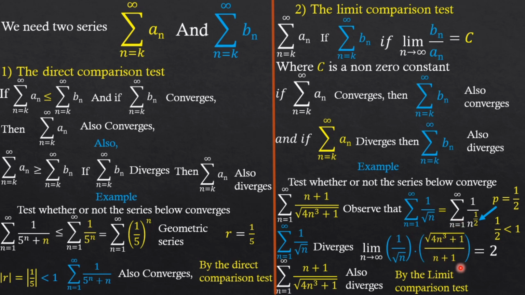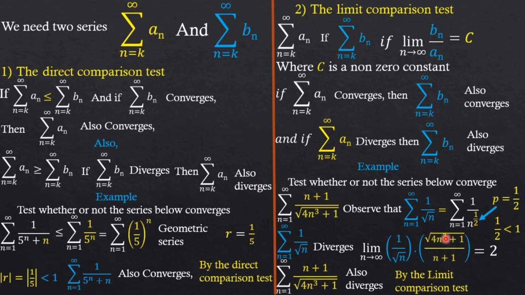So when we simplify this correctly, we know that when n becomes so large, the 1 in the denominator has no significance compared to this n. Likewise, this has no significance. So we are going to be looking at the square root of 4n cubed. The square root of 4 is simply 2, right?